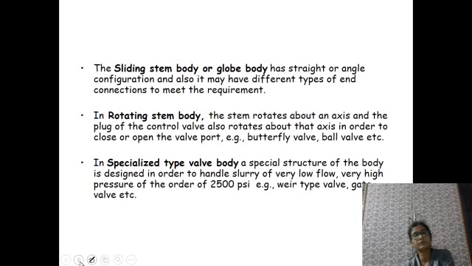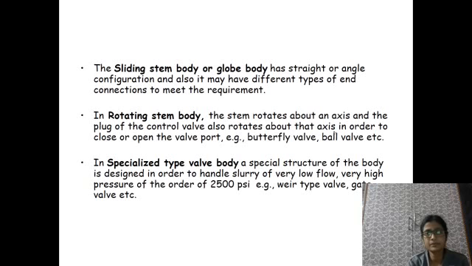Sliding stem or globe body has straight or angle configuration, which we have seen earlier also. So all have straight movement or angle movement of the stem, so that the plug can fit to the seat area directly.